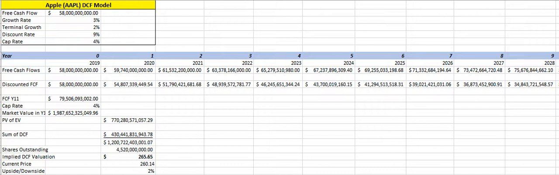Now, the theory of discounted cash flow models is that a stock's worth is dependent on the total sum of the discounted cash flows, because a dollar today could be invested in the market, right?